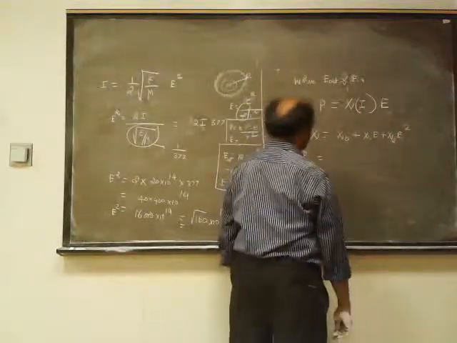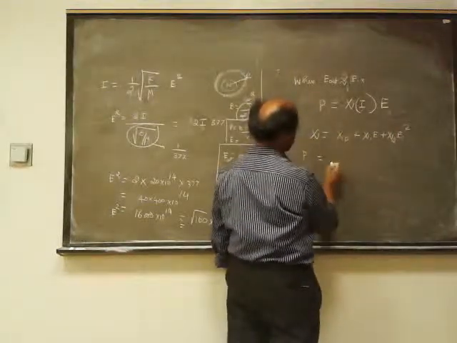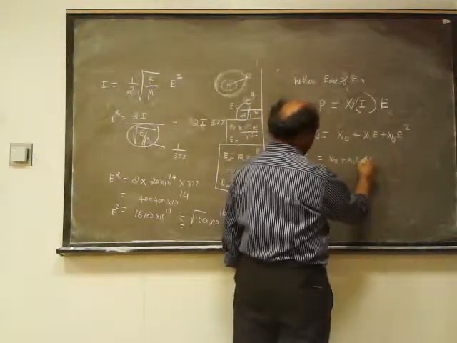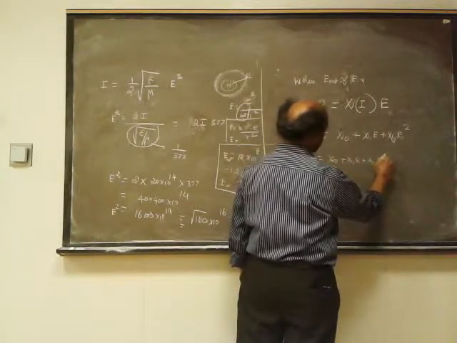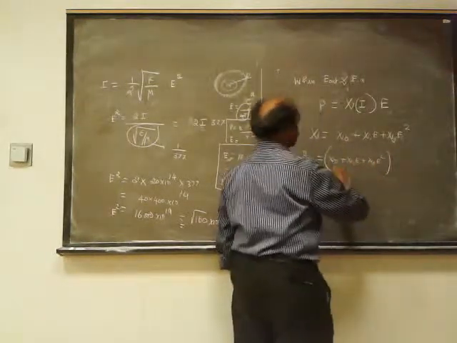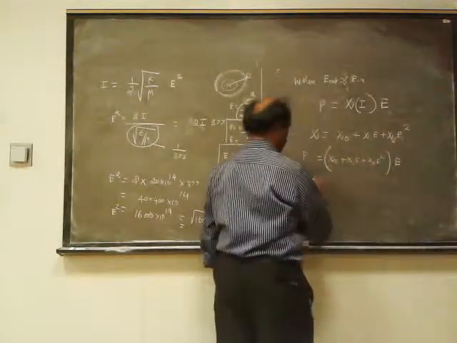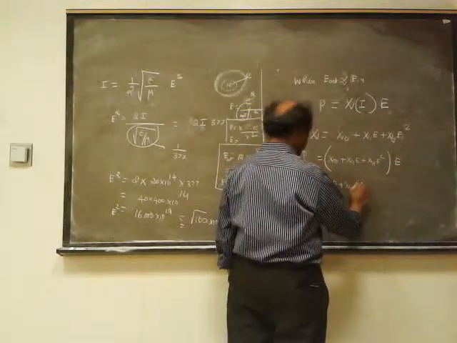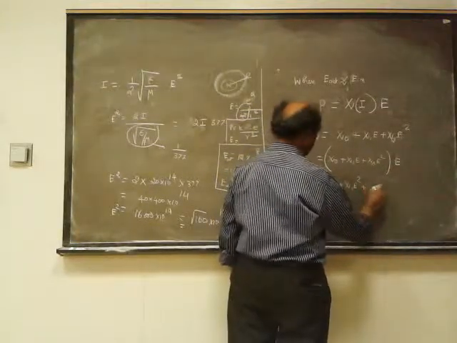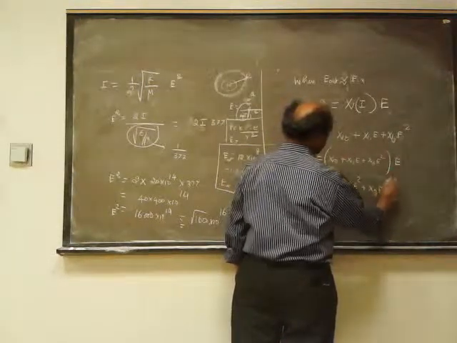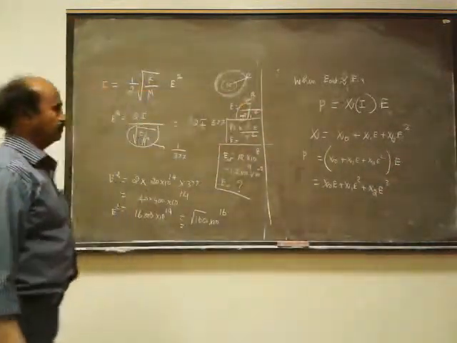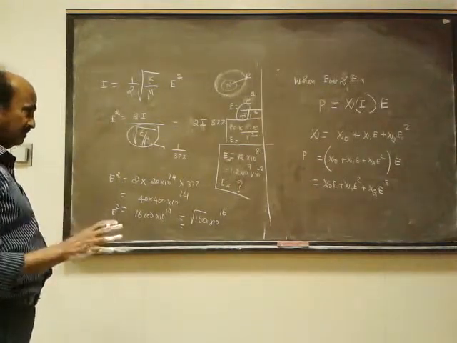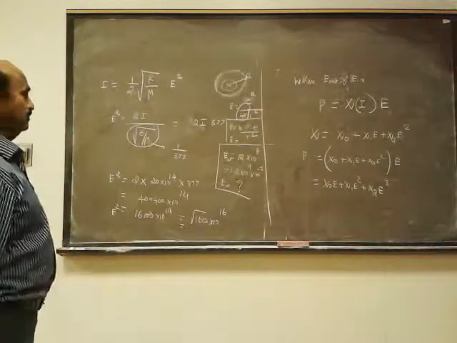So P now becomes chi naught plus chi 1 E plus chi 2 E square, times E. So now it becomes chi naught E plus chi 1 E square plus chi 2 E cube. This is true whether E is a direct field or an alternating field.